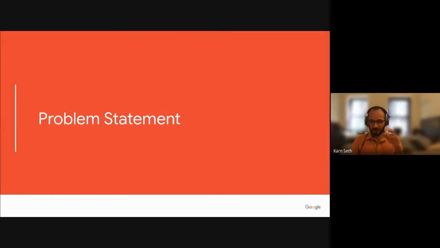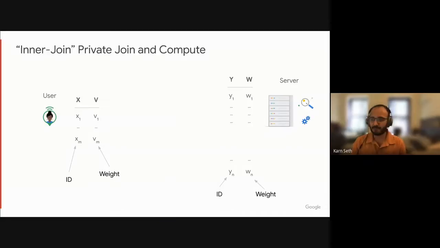So let me first describe the problem we're trying to solve. Just as a disclaimer, this is slightly off meta from the rest of the talks in this workshop, because we just have one user talking to a server and trying to answer a particular question for the user in a private way, using data that's split between the user and the server. So we're going to imagine the user has a bunch of IDs and weights.